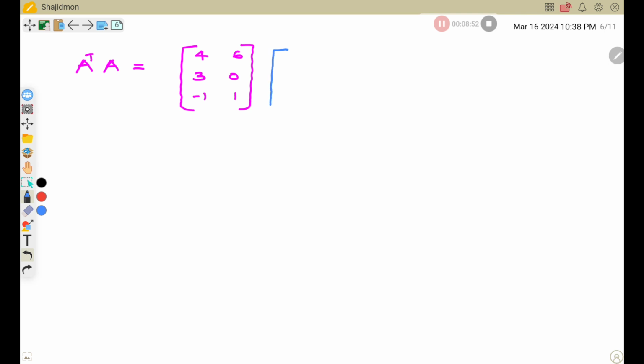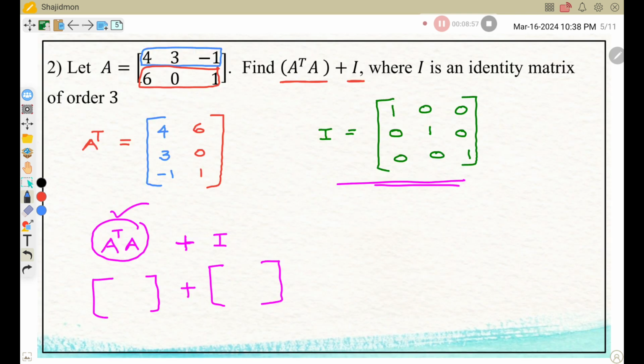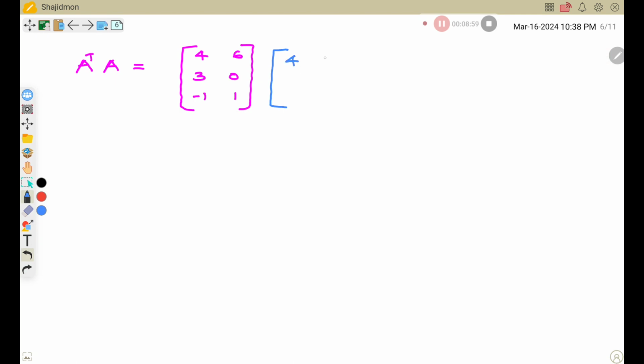Now we are writing the A matrix. What is the A matrix? Actually it is given in the question, 4 3 minus 1, and second row 6 0 1. We need to multiply these two matrices.